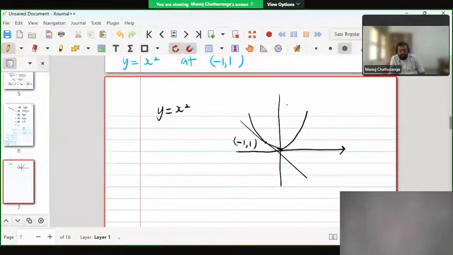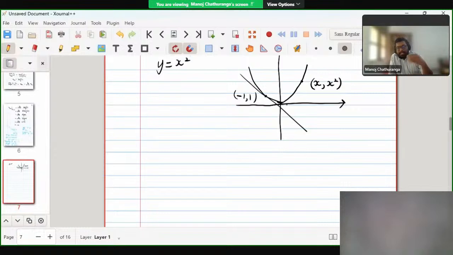I can compute it at some point like 1 comma 1 or 2 comma 4 or any other point. But instead of computing it at some other specific point, let me take a random point. Let's see, x comma x square. At point x, the y coordinate is x square, right? So let me take this random point and compute the slope of the tangent line at this random point.